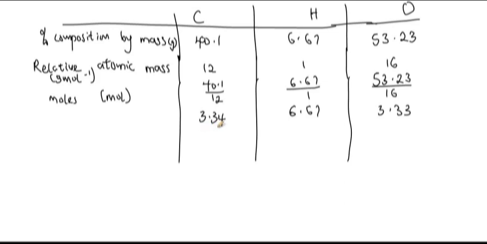So this isn't all yet, because we need to know the simplest ratio in which they can combine, and to know the simplest ratio, we'll divide by the smallest of all of these. The smallest here is 3.33. So we'll be dividing each of the number of moles of the elements by 3.33. So here I'll just say divide by the smallest.